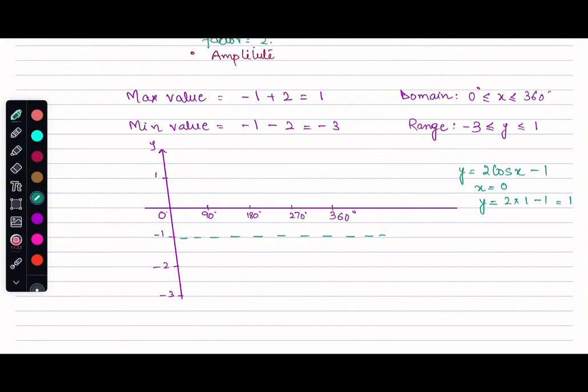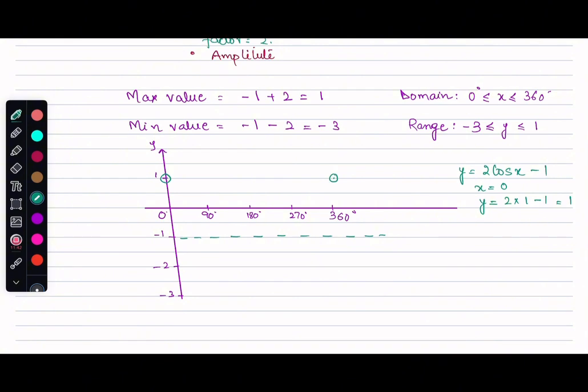When x is 0, this y value for y equals 2 cos of x minus 1 needs to be 1. The same has to be for 360 degrees because 0 and 360 degrees represent the same values for y.